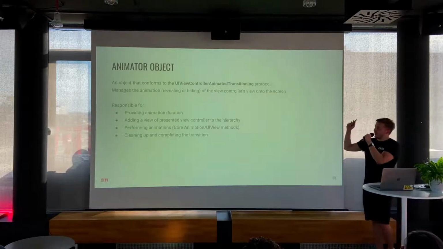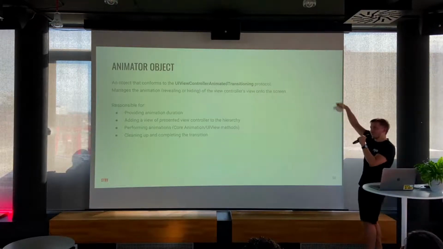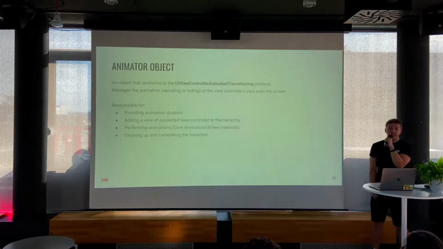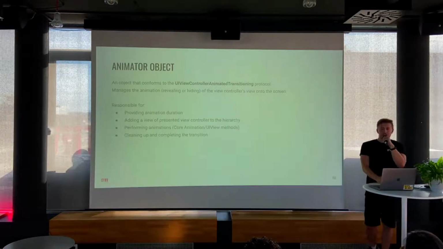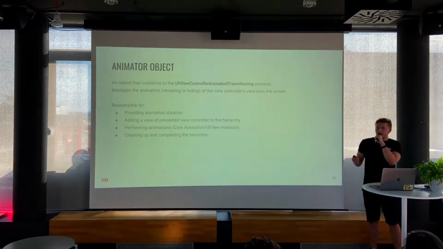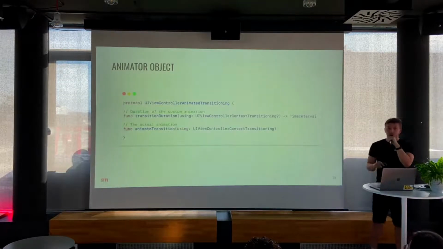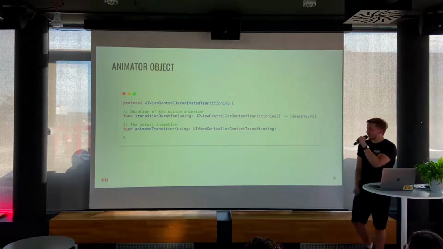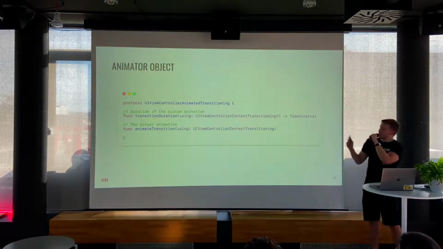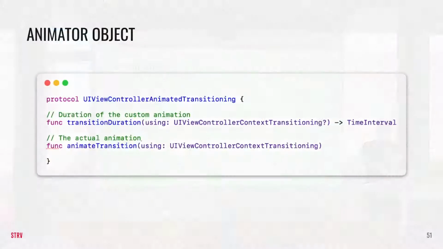It's in charge of adding the new view of a presented view controller to the hierarchy, performing the actual animation, and making some cleanup and completing the transition. Don't worry, you will see it later in more detail. The protocol looks like this. This time, these methods are required, so you have to provide some time interval for duration and to perform the actual transition with all these partial tasks.